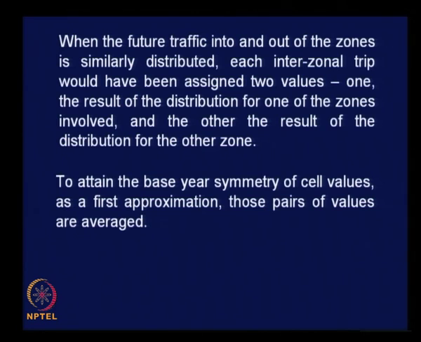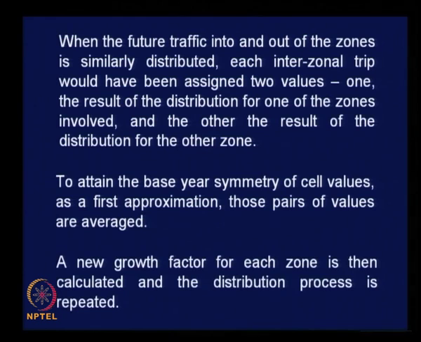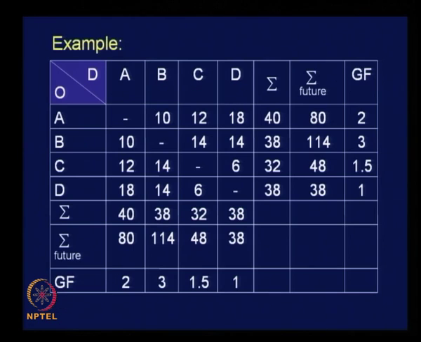As a first approximation, those pairs of values are averaged. A new growth factor for each zone is then calculated and the distribution process is repeated. This is the example taken from the original work of Fratar himself. This was published by him in 1954 in a journal. These numbers are the same numbers as used by him.